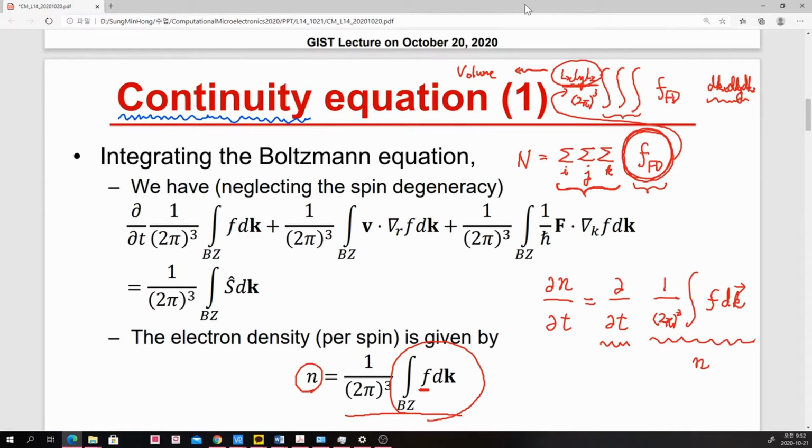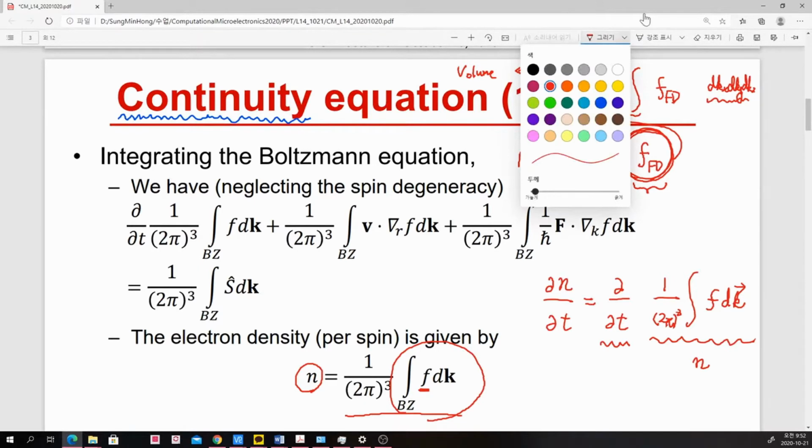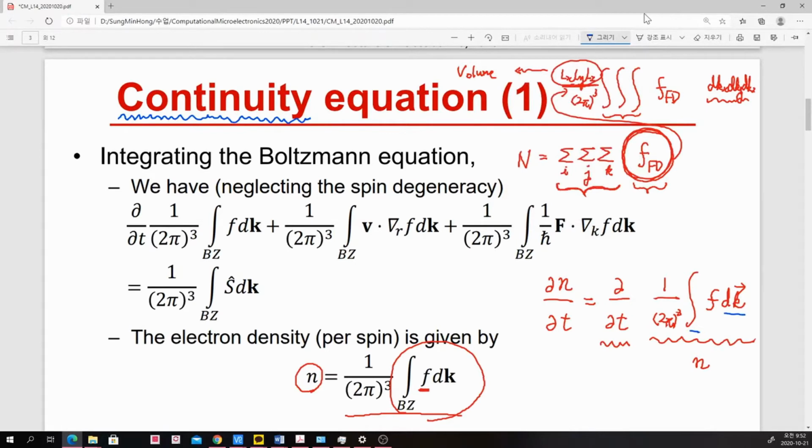And you know that here we have integration over momentum space and derivation with respect to time, and they are independent variables, and their order can be switched. So we can say 1 over the cube of 2 pi, and the integral of round f over round t over momentum space, can be an expression for round n over round t.